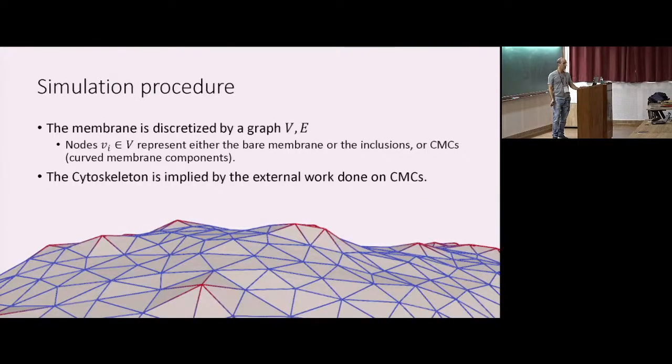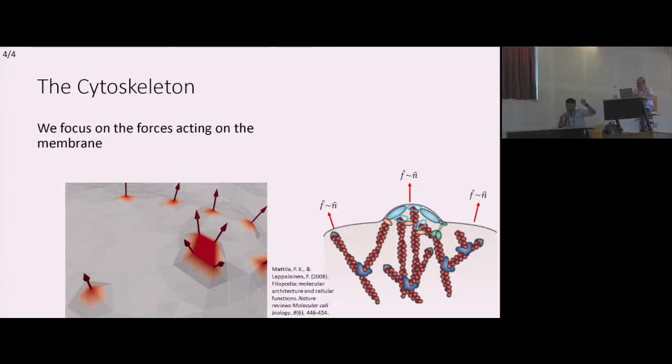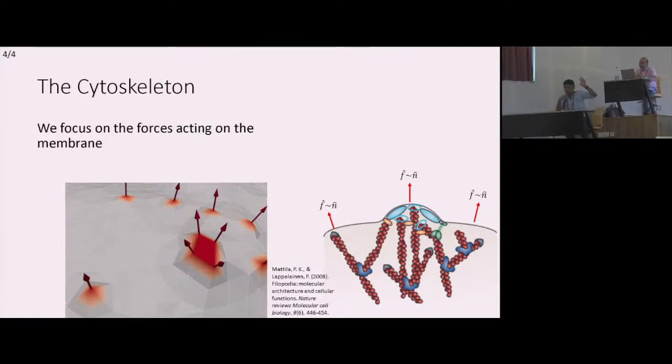A question? Yeah. So the membrane also has a bending rigidity, right? Yep. And there is no spontaneous curvature in locations where you don't have the protein sitting. Okay. So in the absence of protein, this will be flat.